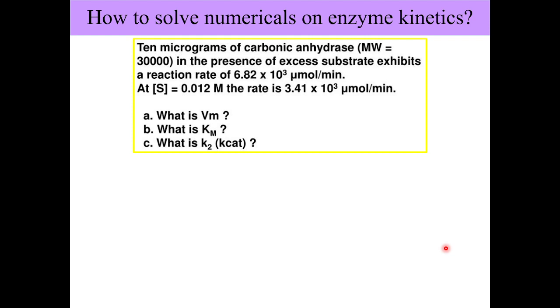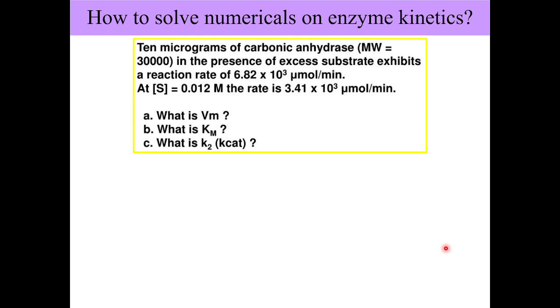So, 10 micrograms of carbonic anhydrase, whose molecular weight is given, in the presence of excess substrate exhibits a reaction rate of 6.82 into 10 to the power 3 micromole per minute. At a substrate concentration of 0.012 molar, the rate is 3.41 into 10 to the power 3 micromole per minute.